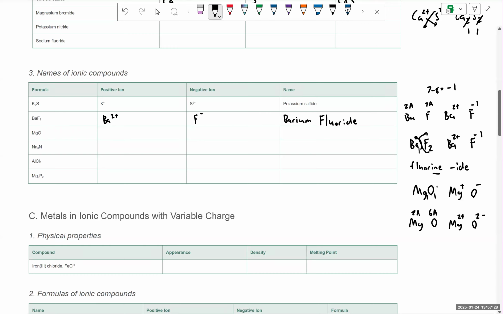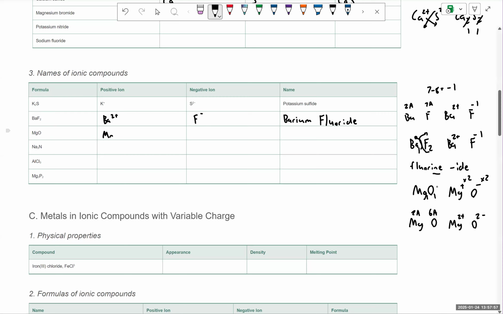So the quick way to fix this is just to multiply each of these charges by the same number, which is 2, because 1 times 2 gives us the correct charge of 2. This method may seem redundant for something like magnesium oxide, but this general idea will be applied to calculate the charge for transition metals in transition metal containing compounds.